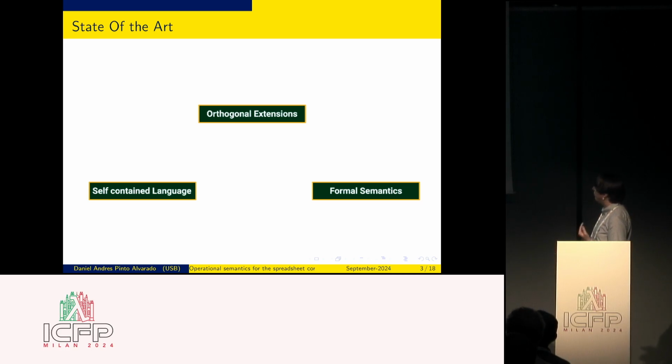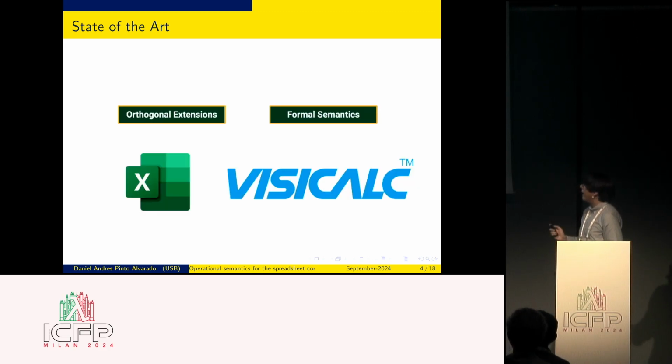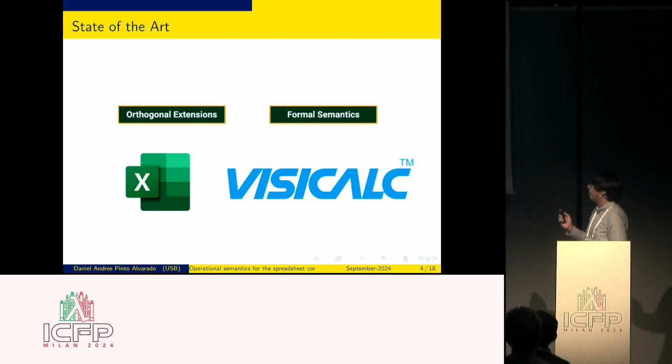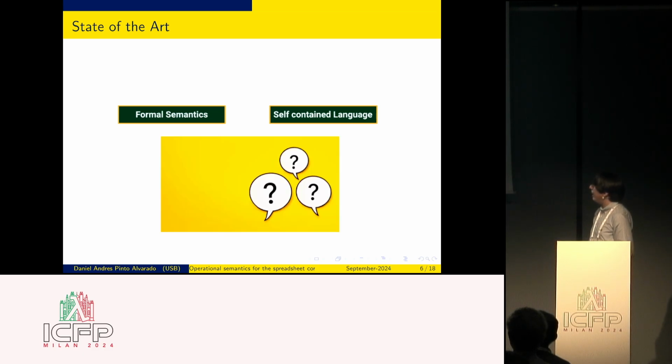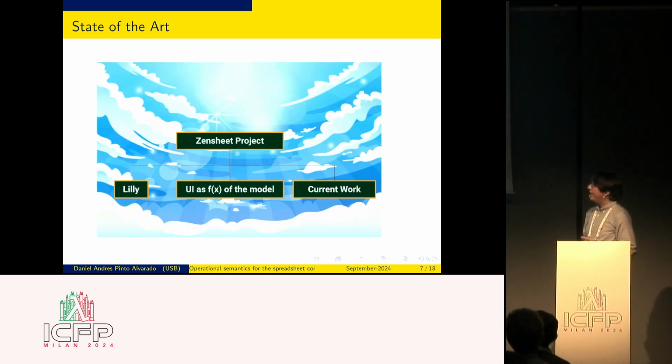And it would be nice to have some sort of formal semantics, so we can analyze the programs and macros that we write. Excel and VisiCalc offer orthogonal extensions and formal semantics. BISSH offers orthogonal extensions in a self-contained language, which is Scheme. And we don't really have any examples of a language that offers formal semantics and is self-contained.